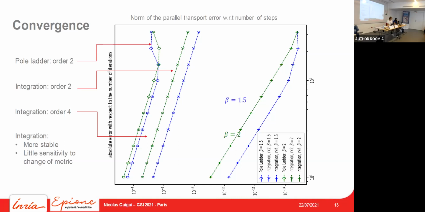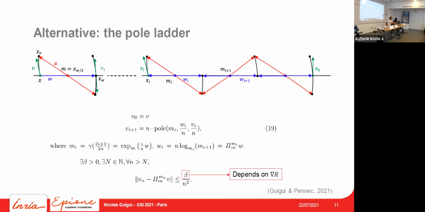In terms of speed, the main problem of pole ladder is that we use a logarithm in the process at the midpoints, and this is usually slower than the forward exponential. And in the integration schemes, we only use forward applications.